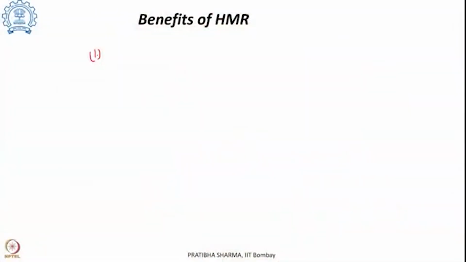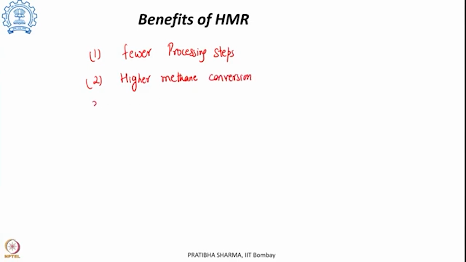There are several benefits of the hydrogen membrane reactor. The first and foremost that we have already seen is that it involves very few processing steps. We can get higher methane conversion. The temperature of operation is lower with the use of the hydrogen membrane reactor.